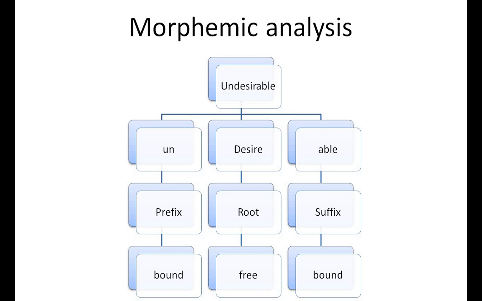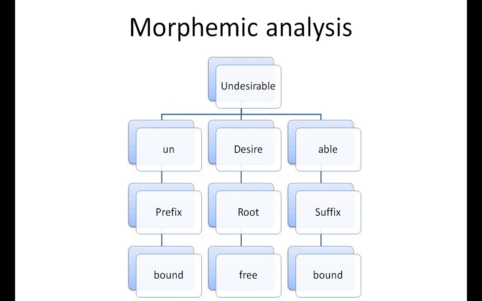Okay, so morphemic analysis is dividing the constituent parts of words into distinct elements, into separable units, in order to analyze what type of morphemes are there. That is what is called morphemic analysis. Consider an example, undesirable.